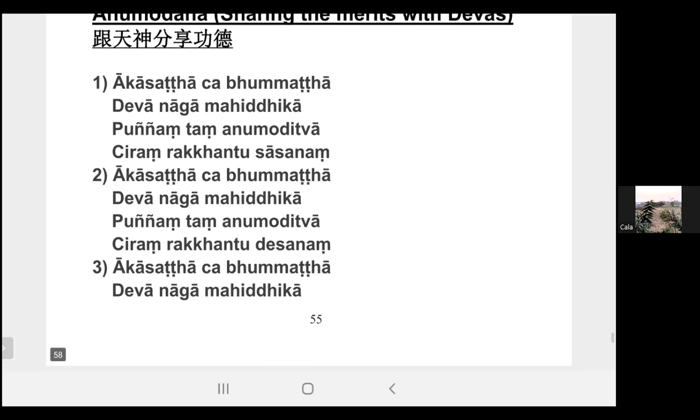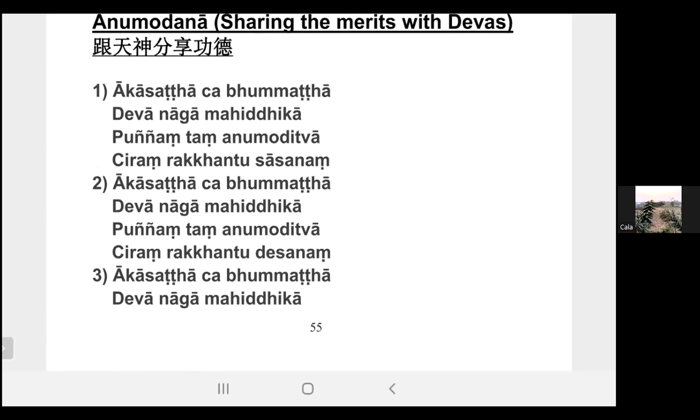Okay, sharing with the devas. Akasata Chaturma Devanagamatika Punyanam Anumodita Tirantu sasanam.